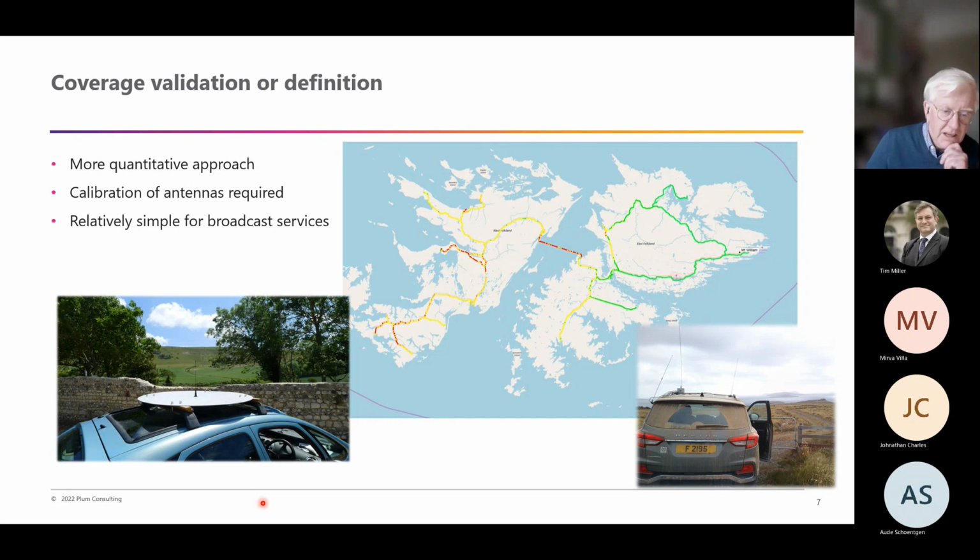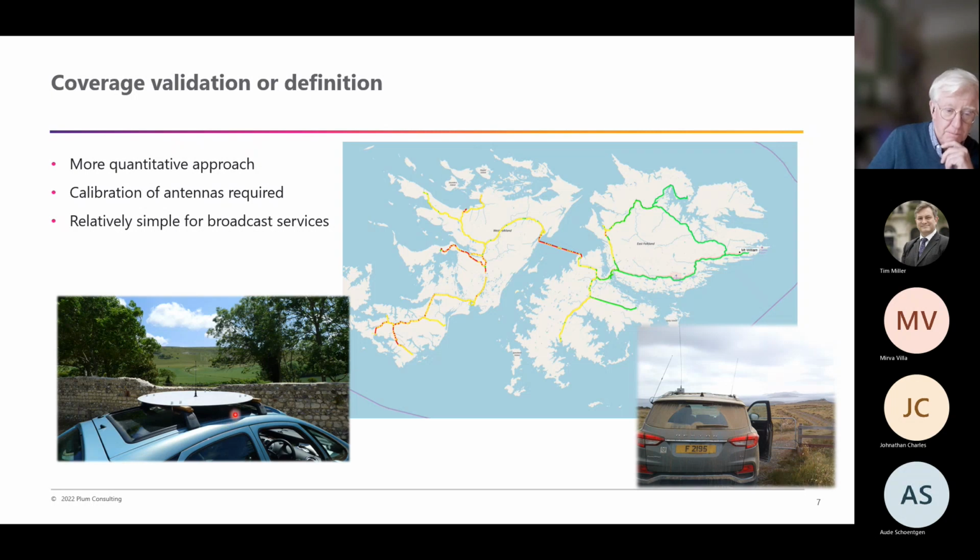And to do this, you need to make use of carefully calibrated antenna systems like the one shown on the left. These were some measurements we did in the UK, looking at the extent of DAB, digital audio broadcast coverage at around 200 megahertz. And it's notoriously difficult to understand the gain of antennas fitted to cars without very careful measurements, and the car body can affect the response of the antenna very substantially.